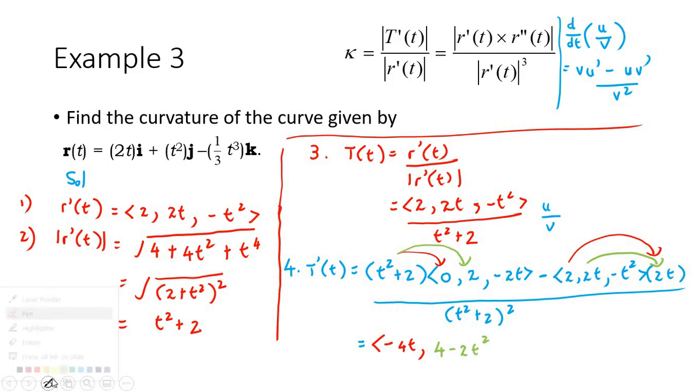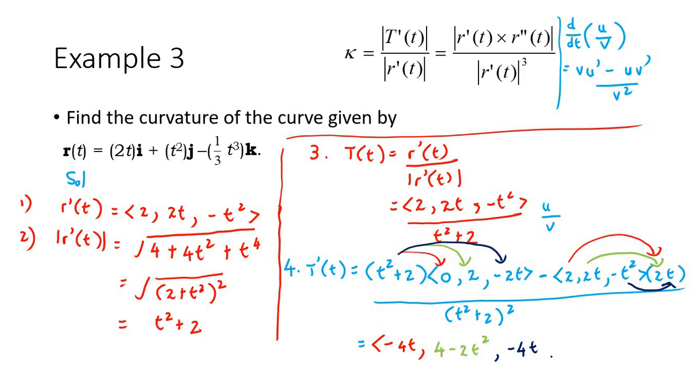Okay, and then component k. So I will have here negative 4t, and then negative 2t cubed plus 2t cubed.